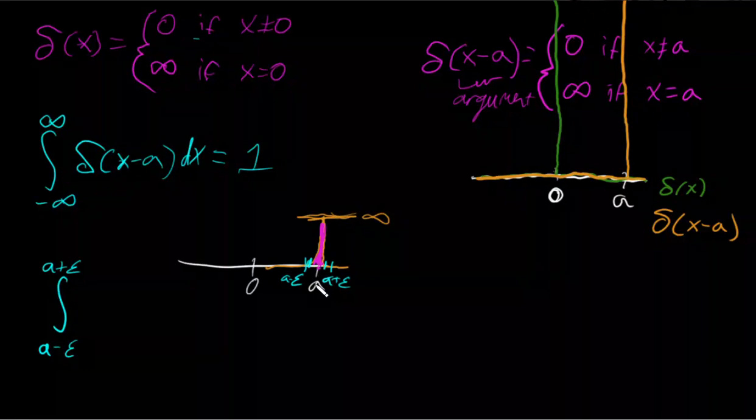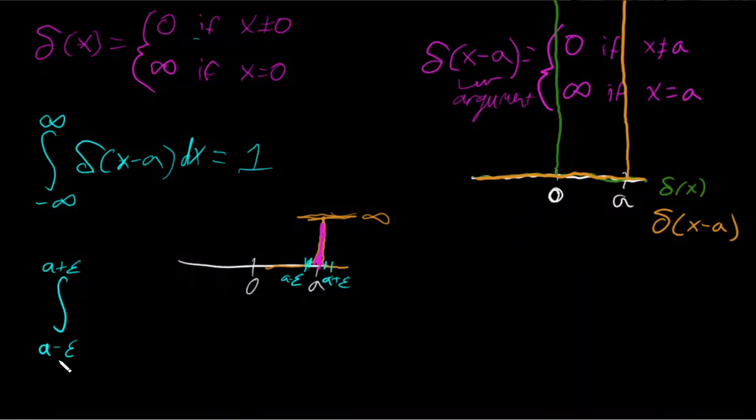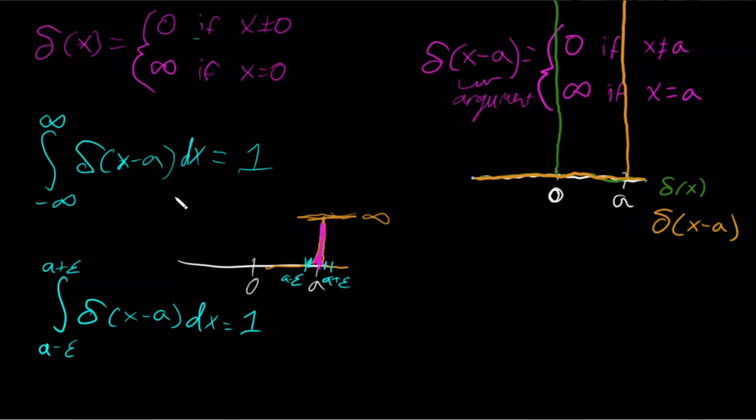All of the area is right at a. So the integral from a minus epsilon to a plus epsilon of delta of x minus a dx still equals 1, right? Because all of the area is under that. So this definition is just saying the area of the spike, right?